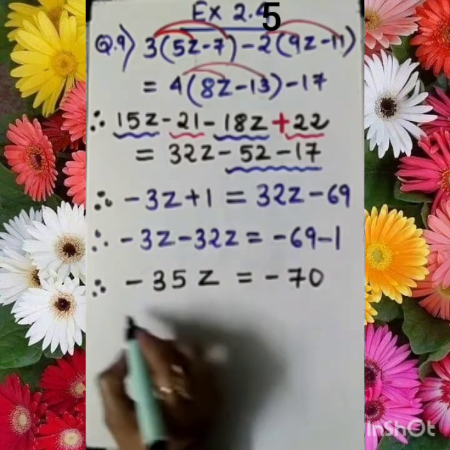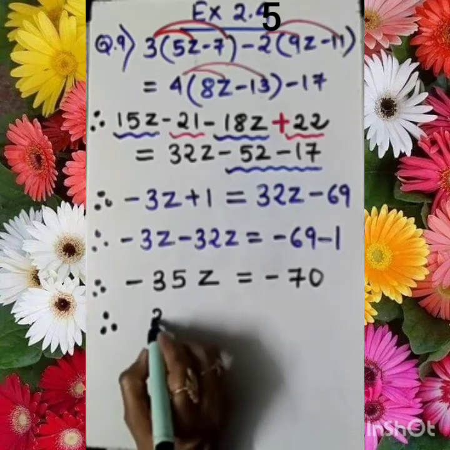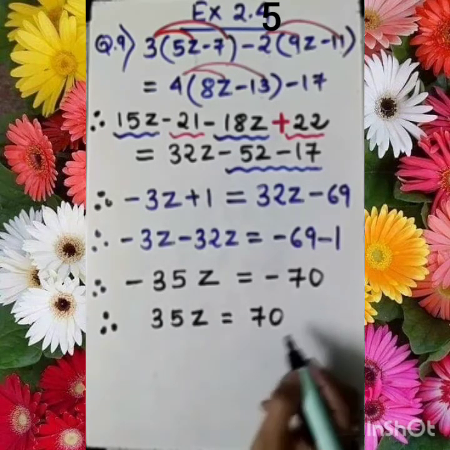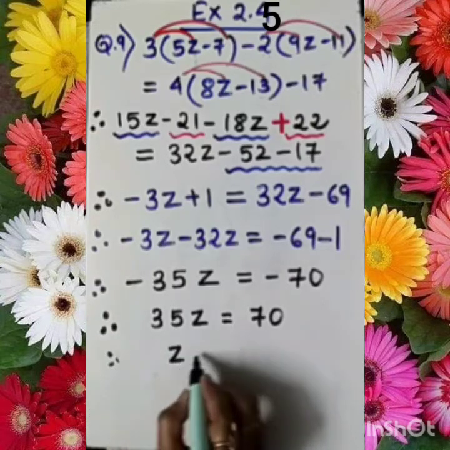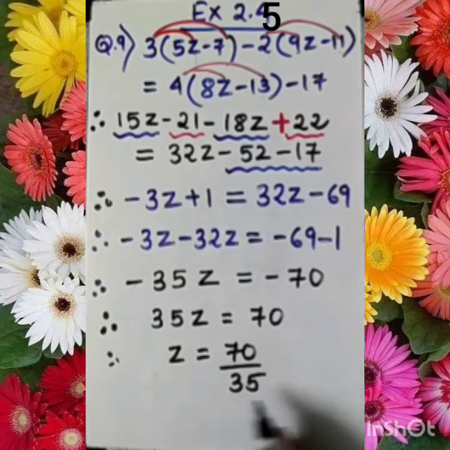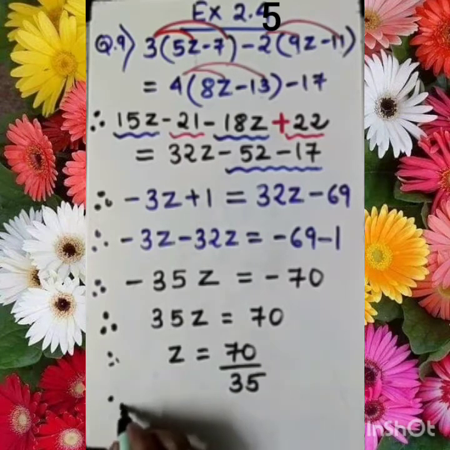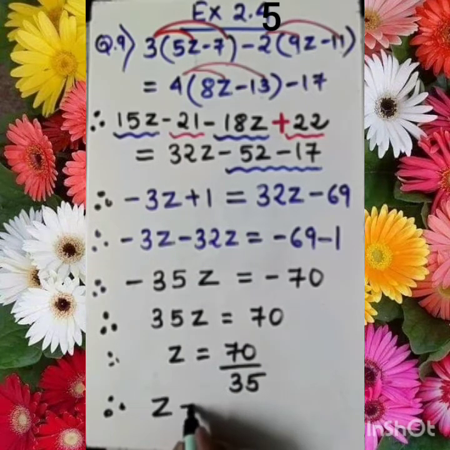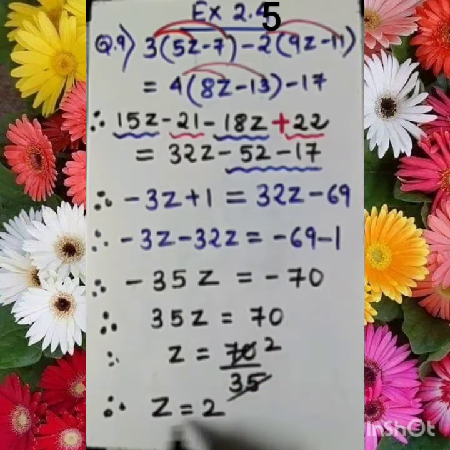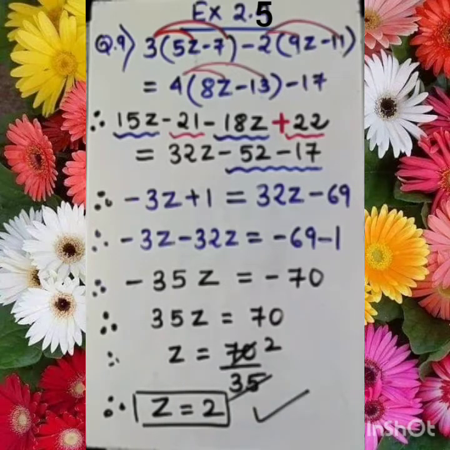Both sides have minus, so we will have 35z equal to 70. Therefore, z equals 70 divided by 35. This 35 will come as a denominator. So dear students, z equals, 35 twos are 70. So z equals 2. The value of the required variable z is 2.